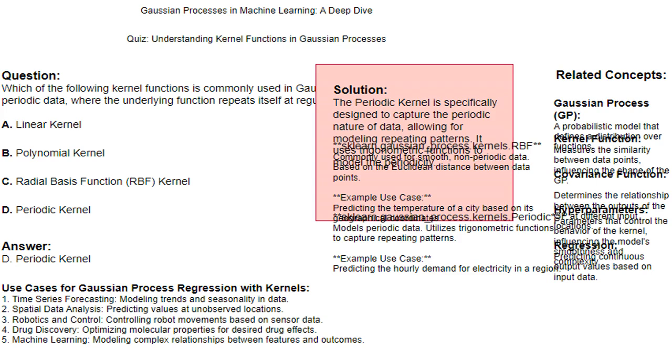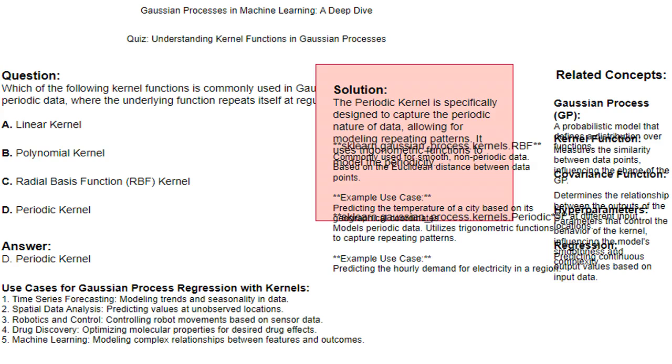D. Periodic kernel. True. The periodic kernel is specifically designed to capture the periodic nature of data, allowing for modeling repeating patterns. It uses trigonometric functions to model the periodicity.